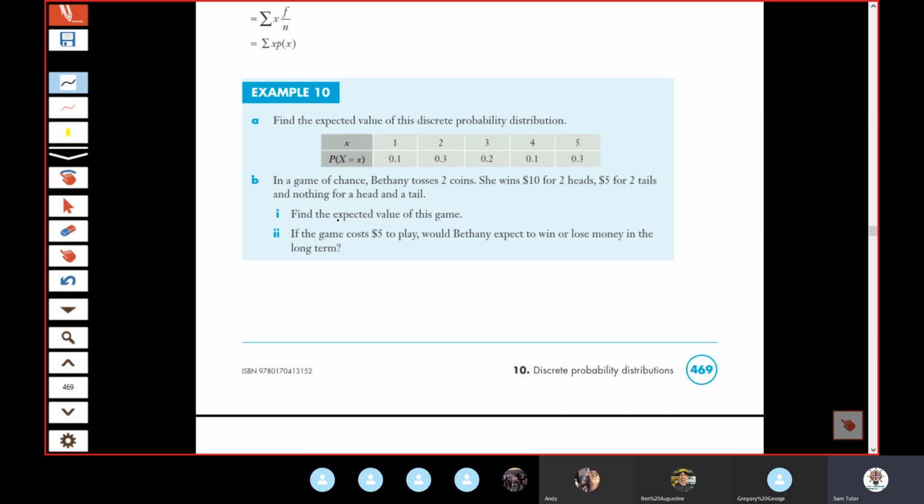In a game of chance, Bethany tosses 2 coins. She wins $10 for 2 heads, $5 for 2 tails, and nothing for a head and a tail. Find the expected value of this game.